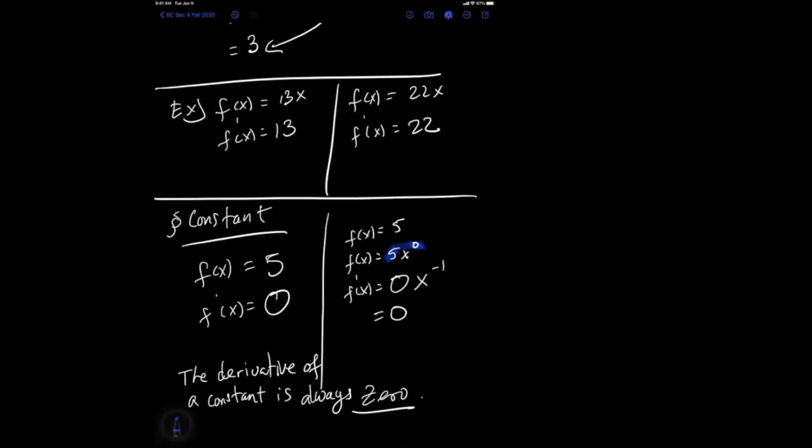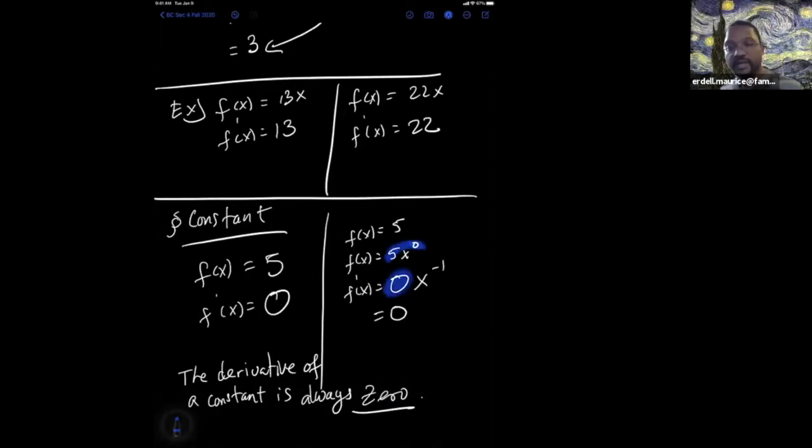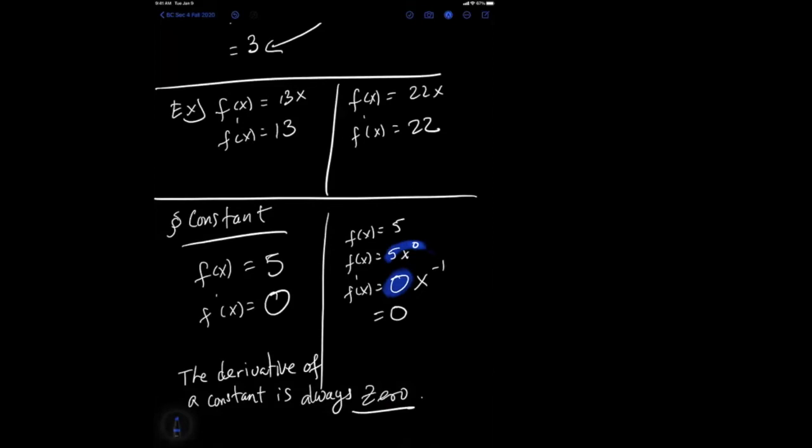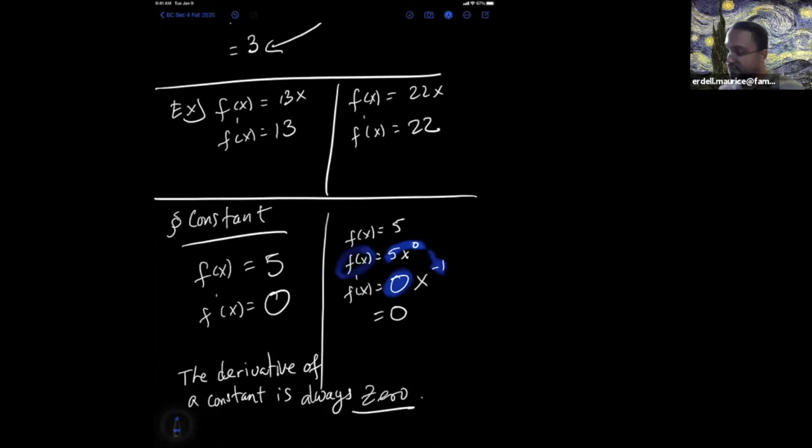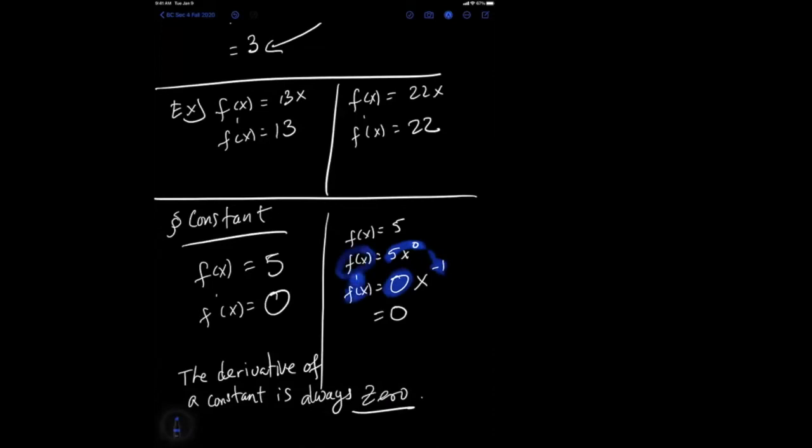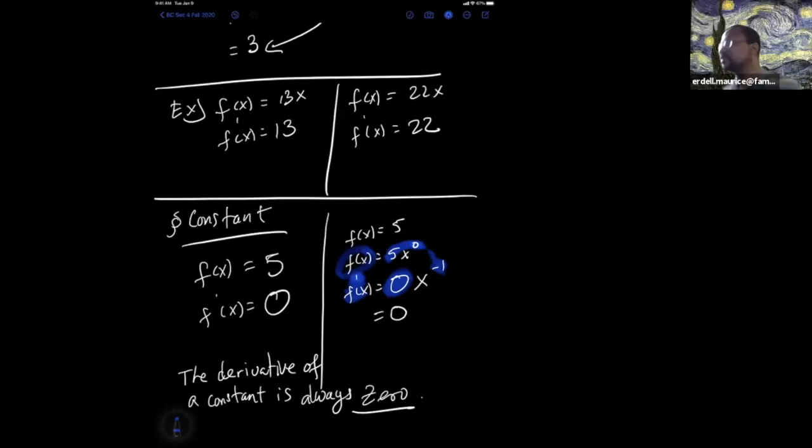What's 5 times 0? 0. Then I have to lower the power by 1. What's 0 minus 1? Negative 1. That's how I got negative 1. See here, this one is f of x, this one is f prime of x. So I'm applying the power rule of derivatives there. Any more questions?